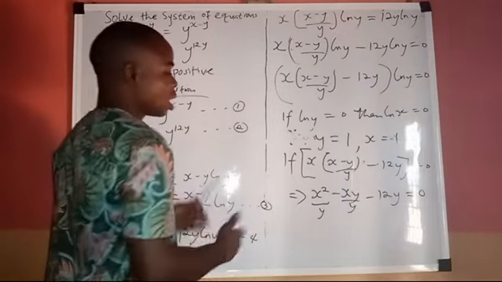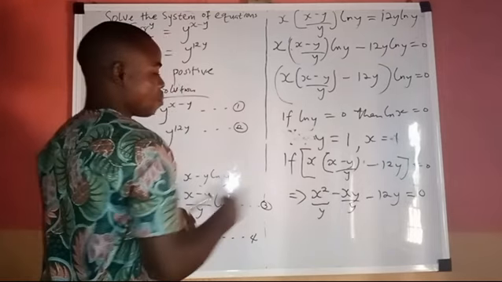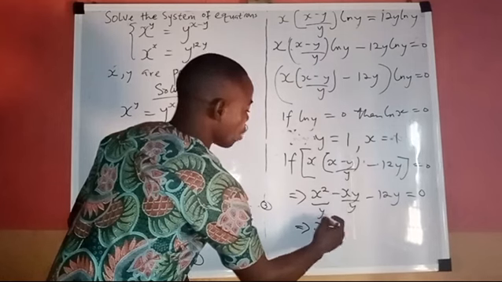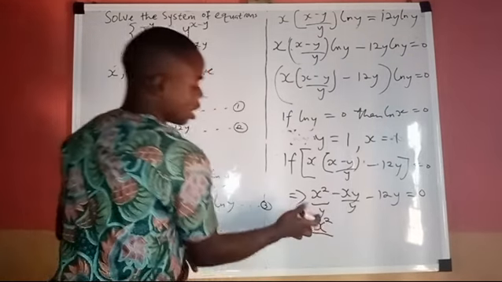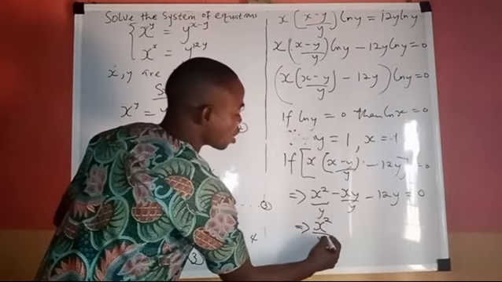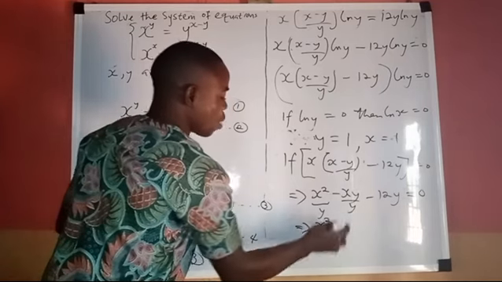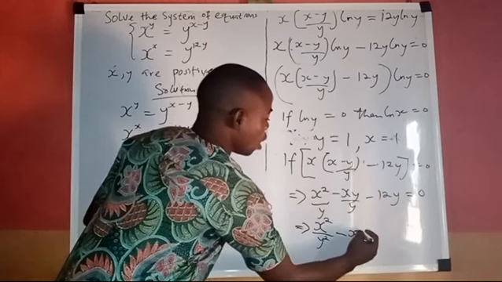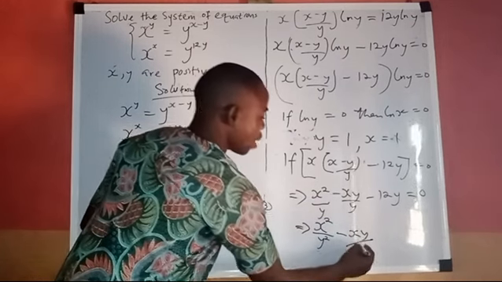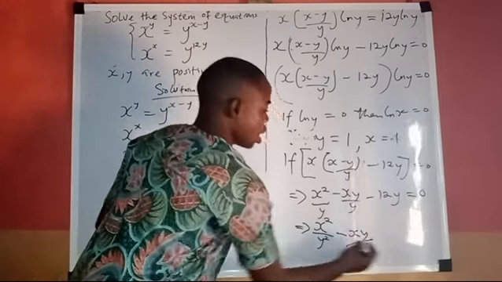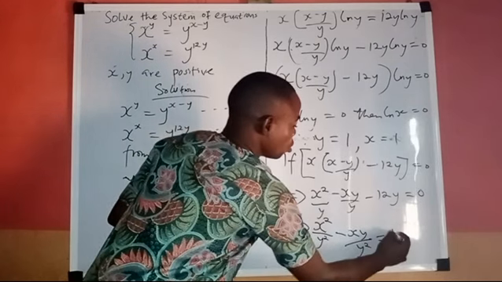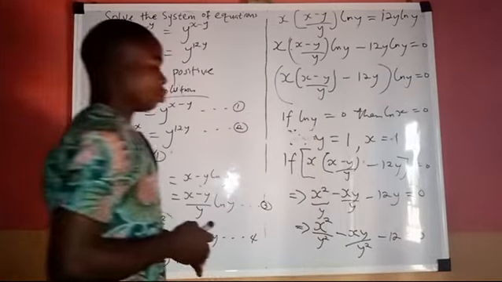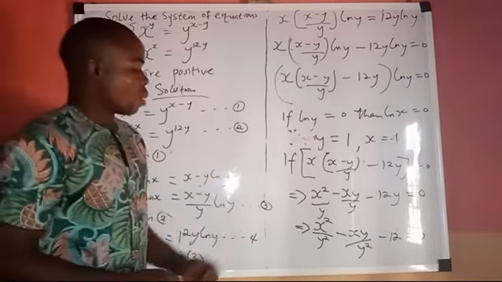Dividing everything by y, we are going to have x raised to power 2 over y squared, minus x y divided by the y that is dividing this one, giving y squared, minus 12 is equal to 0. So that is what we have at this point.